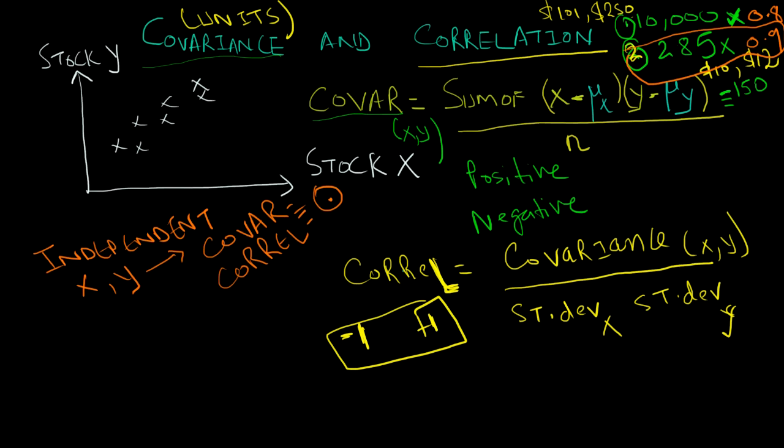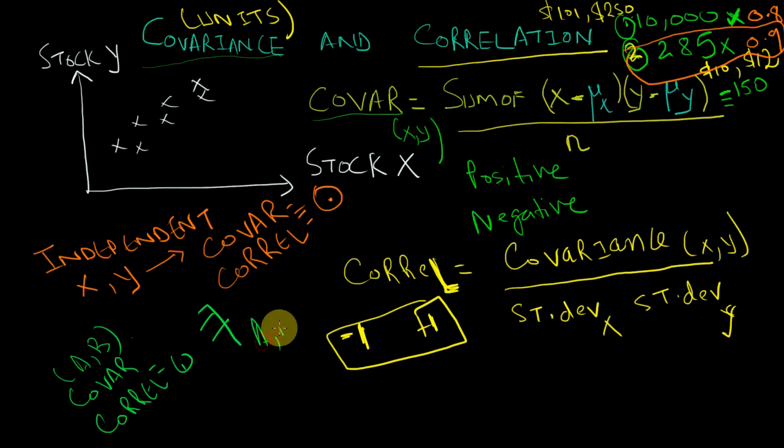But just because the covariance and correlation of two variables are 0, that does not imply independence. So let's assume the covariance and correlation between two variables A and B. If we say that the covariance and correlation between two variables are 0, that does not imply that A and B are independent.